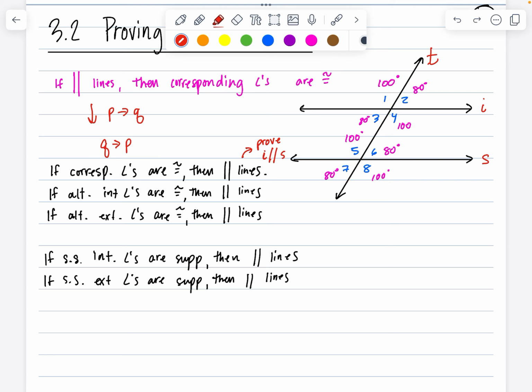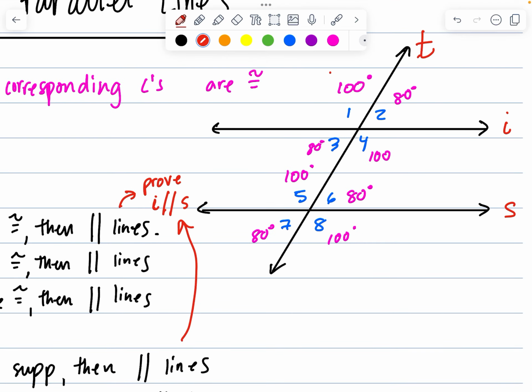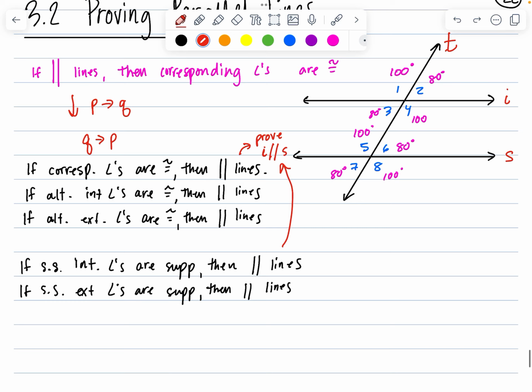They add up to 180. So this also proves that I would be parallel to S. If we see, for instance, 2 being congruent to 5, right away we could drop these arrows in, but not until then. All right, so we do see these in proofs.